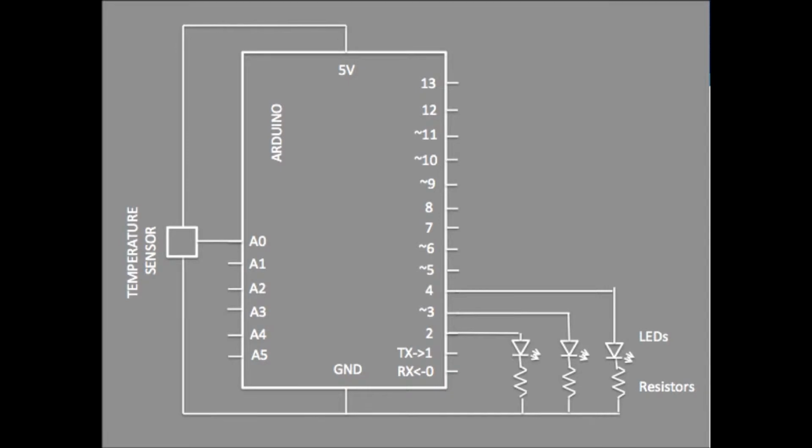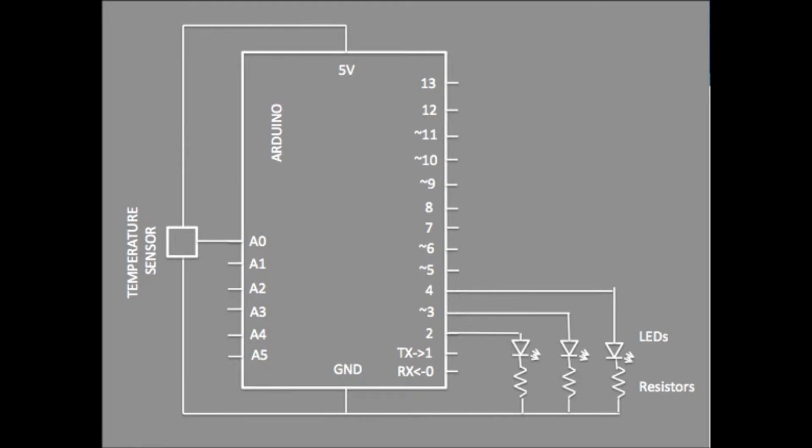Next, let's look at the schematic view of this project. Notice that there are 3 LEDs right here, 1, 2, and 3. The upside down triangle indicates the LED light, and the 2 small arrows just mean that light is emitting from it. These squiggly lines, 1, 2, 3, are resistors.